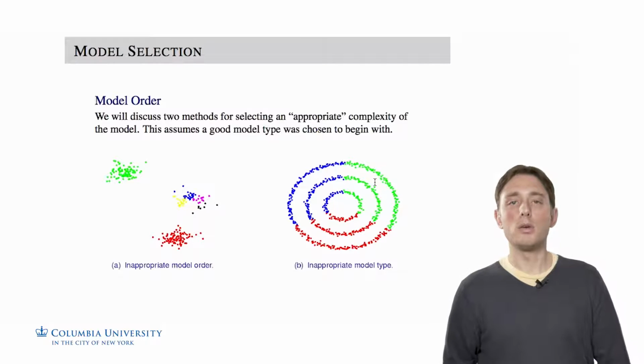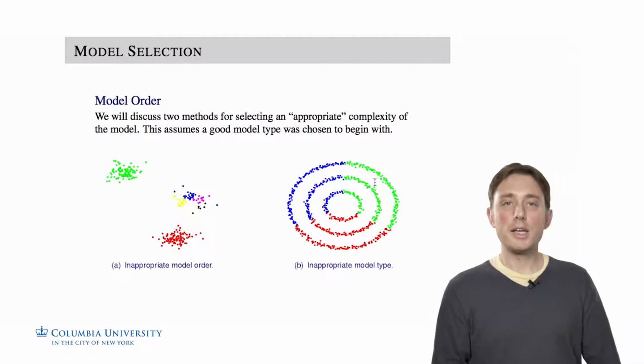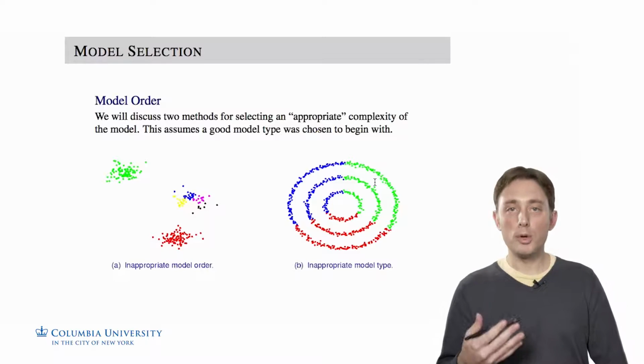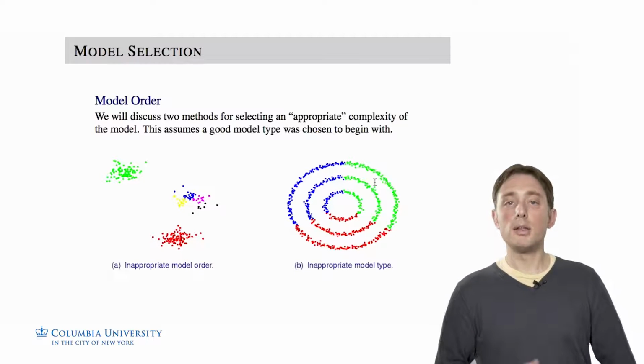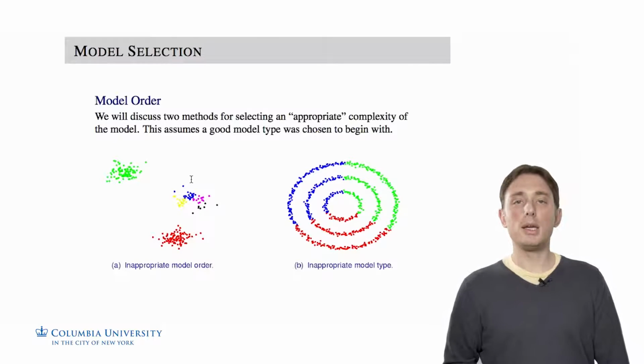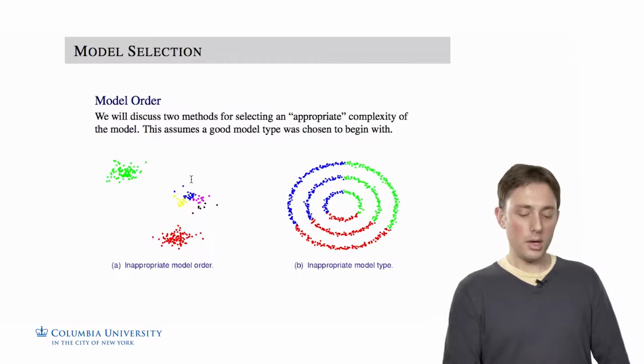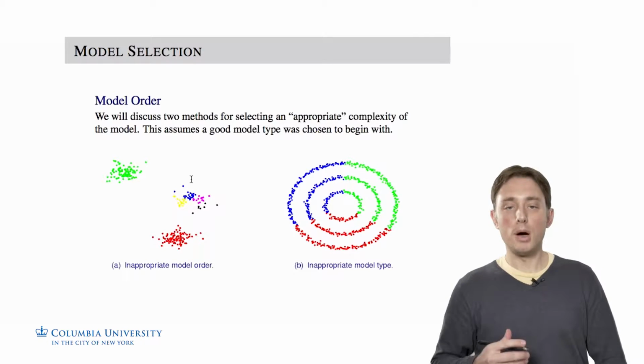We should first find the correct model. So in this lecture, we're assuming that we've picked an appropriate model type. We're assuming that if we're working with a Gaussian mixture model, that is an appropriate model to be working with. And now we're interested in picking the correct model order for that model type.